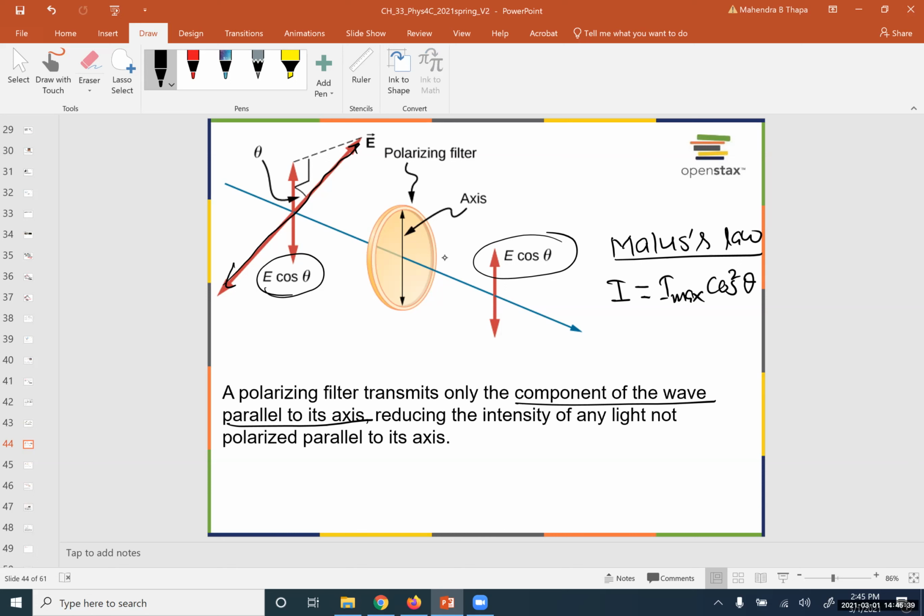This I is the intensity of light after passing through the filter, and I max is the maximum value, the intensity before passing through the filter.